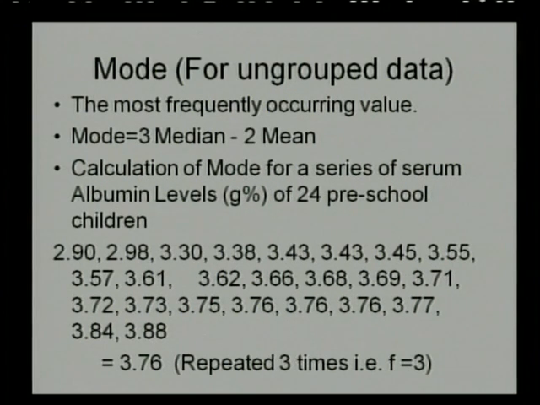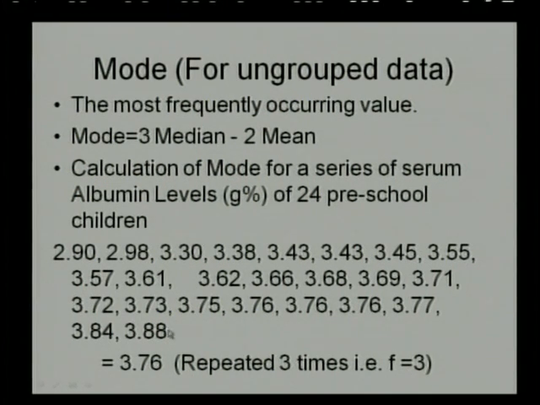For ungrouped data, if I want to compute the mode, then the formula is 3 times median minus 2 mean, but this is a very less widely used measure. If I am given the data for the serum albumin levels of 24 preschool children, as previously what we have calculated, the same data is here, then the value 3.76 is repeated 3 times.